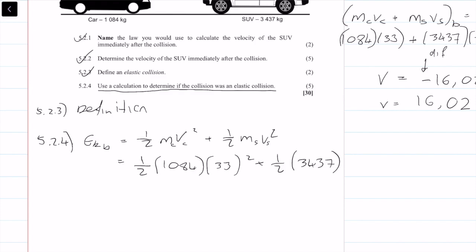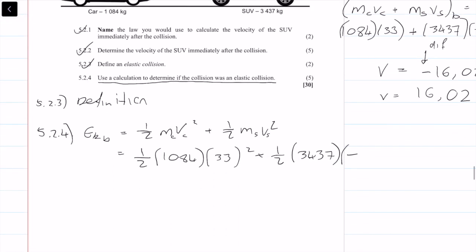Because the velocity is squared, I can just put the magnitude, because minus 28 squared is equal to 28 squared. So I'm just going to put the positive. Okay, and if we crunch those numbers, we get EK before is equal to 1,937,542 joules. No units, it is a scalar.